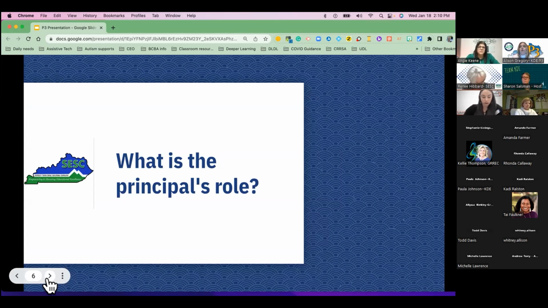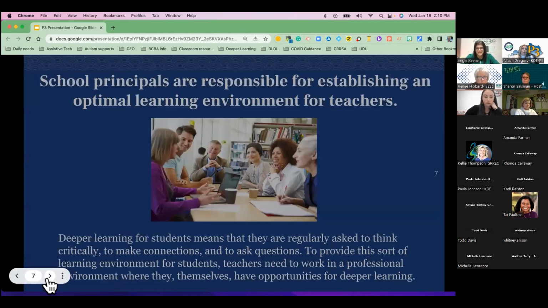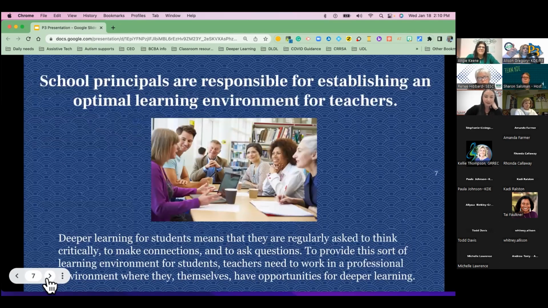In order for students to experience deeper learning in all classrooms, not just a few, all schools need leaders, and I would venture to say all districts need leaders that can create optimal learning conditions for the adults, for the teachers, for the principals.